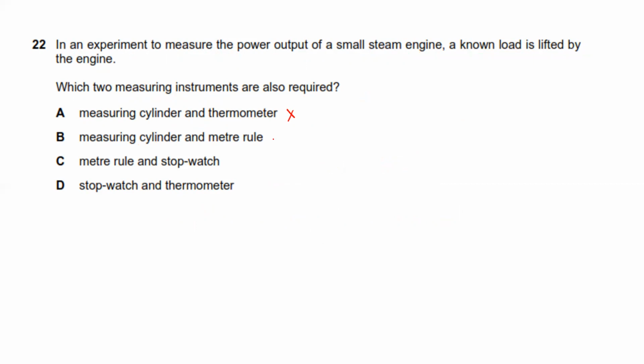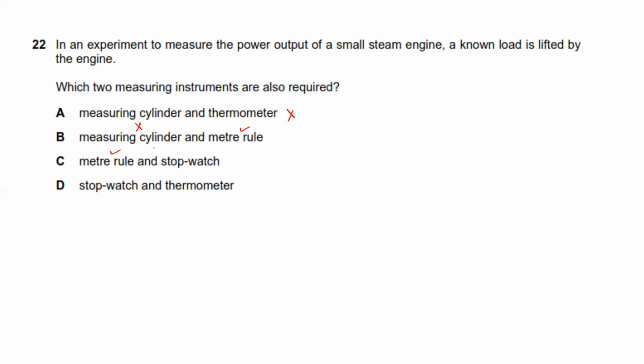Measuring cylinder and a meter rule. Meter rule is needed because we have to measure the height by which the load is lifted. But measuring cylinder, there is no need. A measuring cylinder is used to measure the volume of liquids. So meter rule, yes. Measuring cylinder, no.